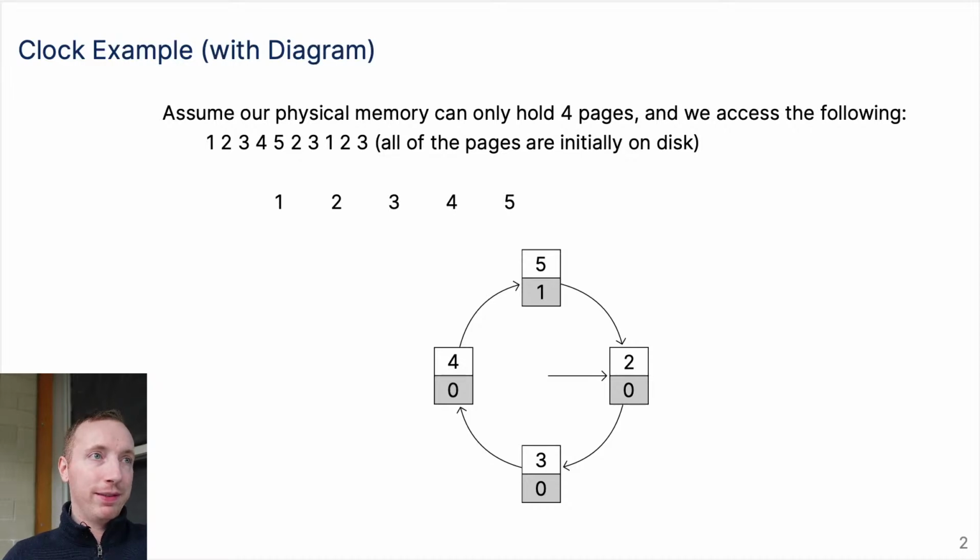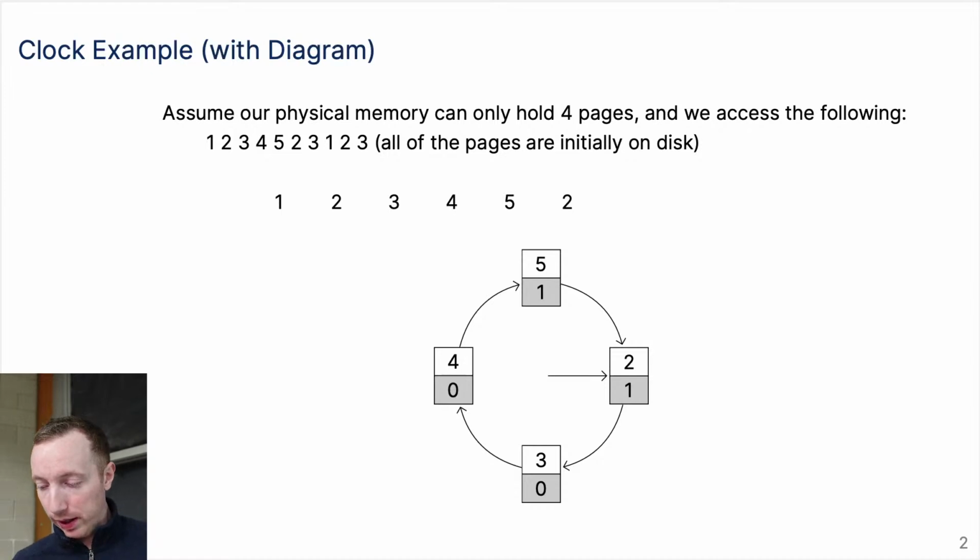Whenever we insert, we put the iterator 1 past whatever we just inserted. So the access to 2 didn't touch the hand at all. As soon as we touch 2, all we do is change the reference bit from a 0 to a 1.